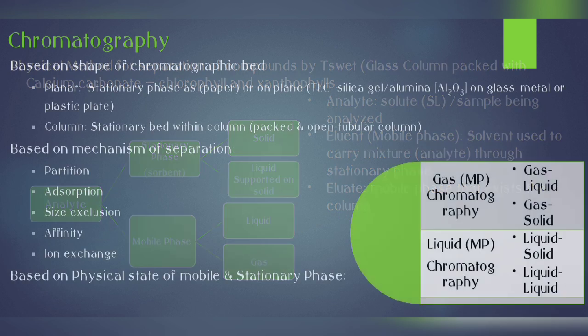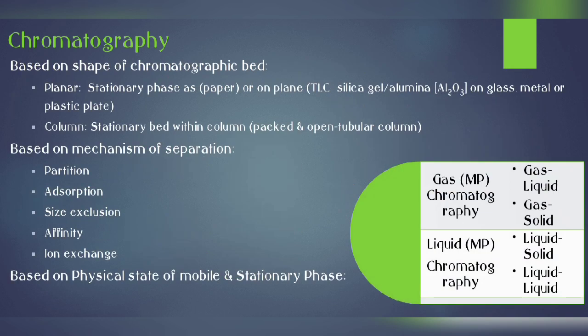There are different classifications of chromatography based on different aspects. The first aspect is based on the type of chromatographic bed. We can classify chromatography into planar and column chromatography. In planar chromatography there are two types: one is paper chromatography, another is thin layer chromatography, that is TLC. These are classified based on the stationary phase used.